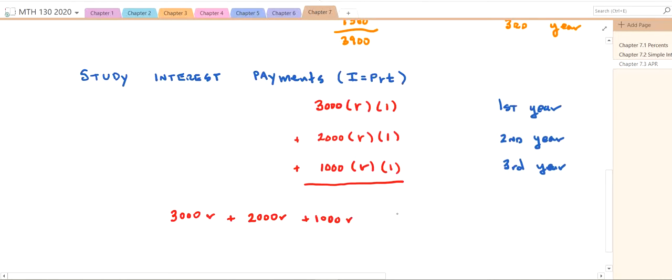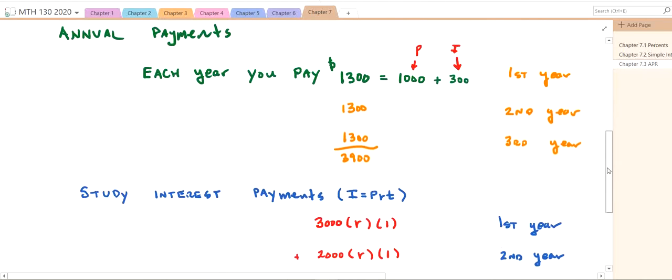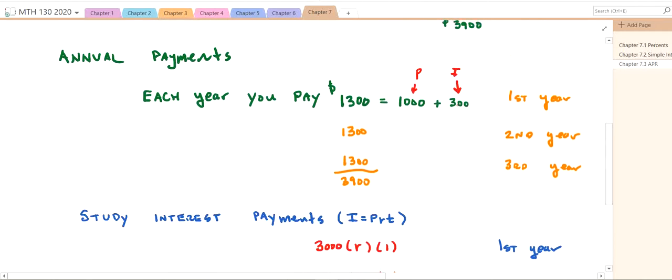Now we know the total interest that we paid was $900, because we pay $300 of interest every year, and we did that 3 times.